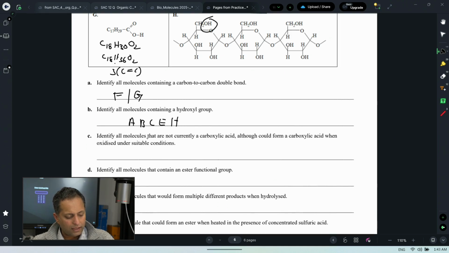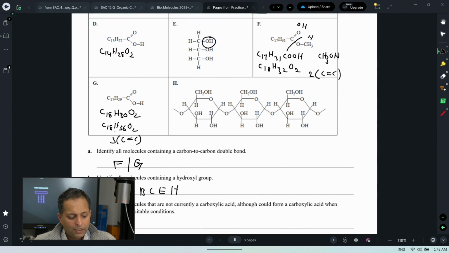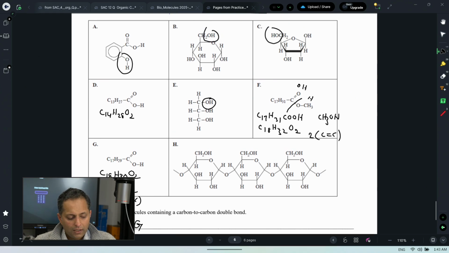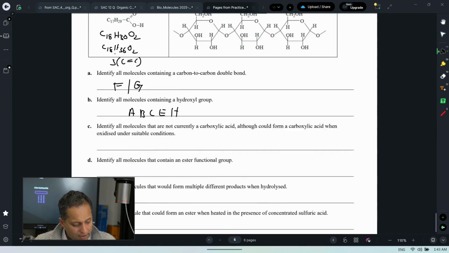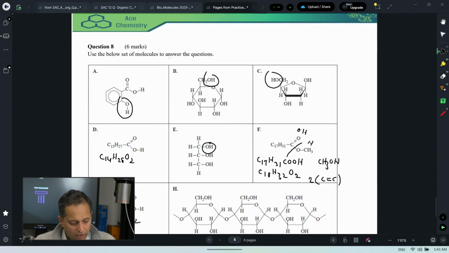Identify all the molecules that are not currently carboxylic acids, although they could form a carboxylic acid when oxidized. If you are to produce a carboxylic acid during oxidation, you need to look for a primary alcohol. Where are those primary alcohols? B has got a primary alcohol, CH2OH.